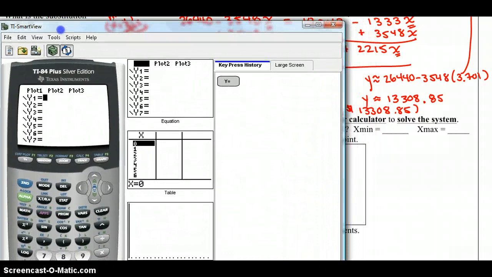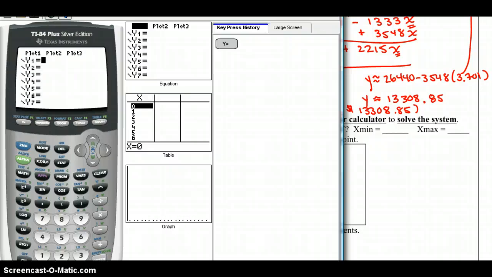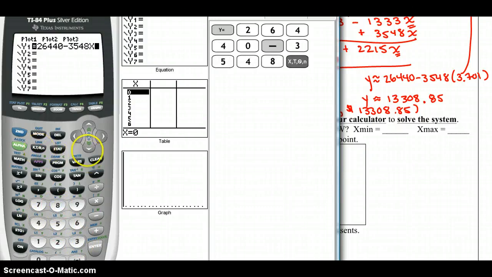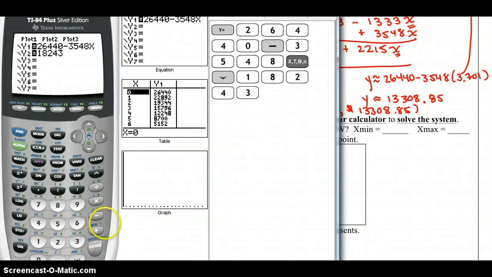Next to y1 we're going to type 26440 minus 3548x. And then next to y2 we're going to type in 18,243 minus 1,333 times x.